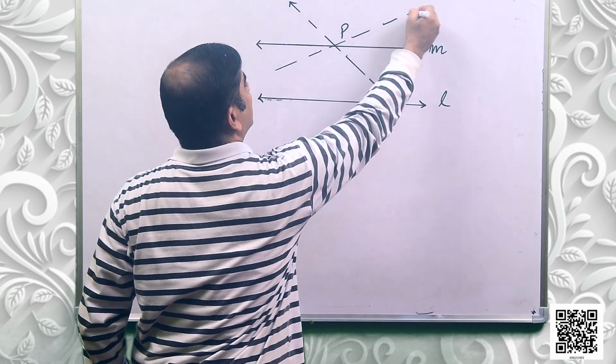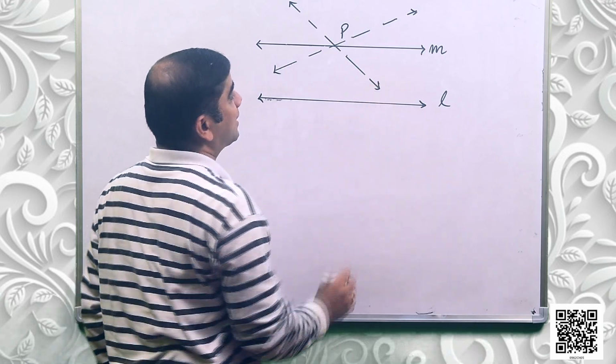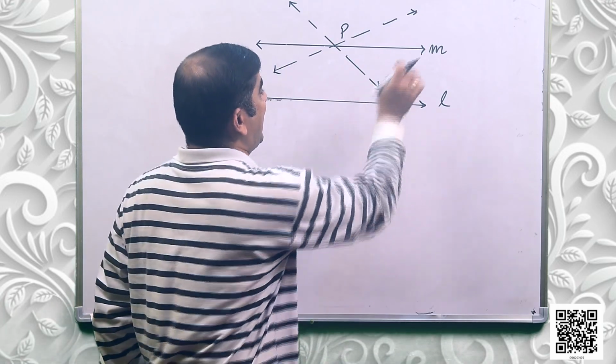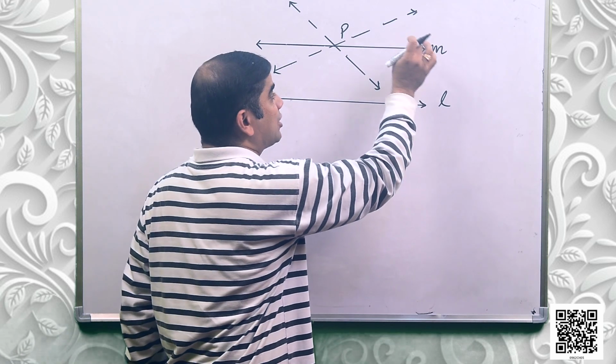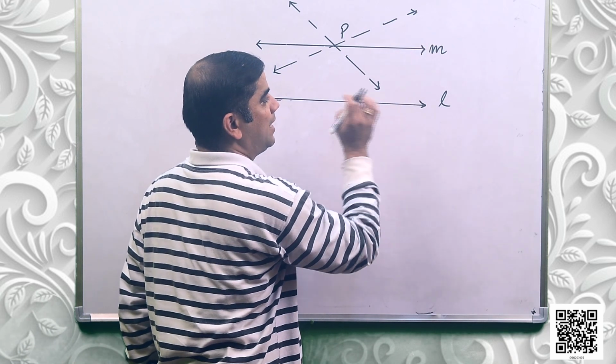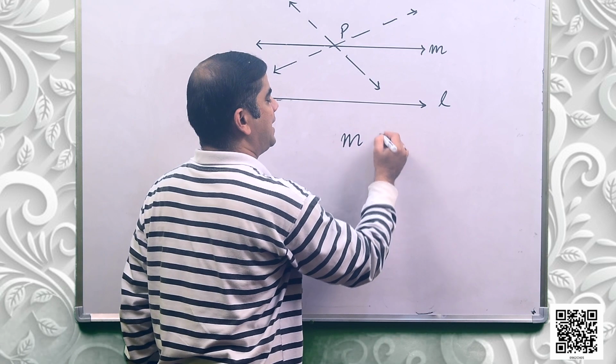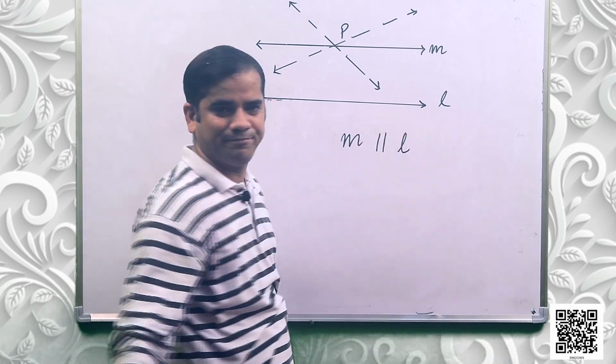But the line M is unique because it is parallel to line L, so I can say M is parallel to L.